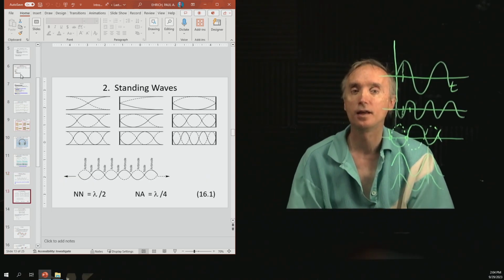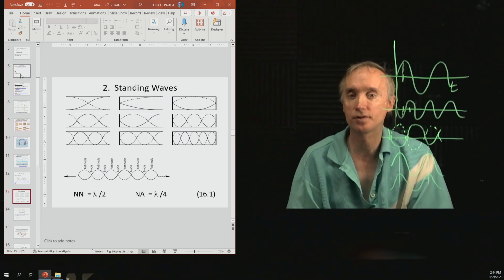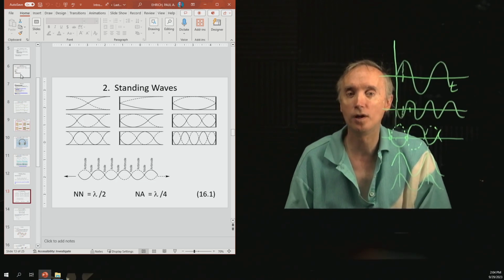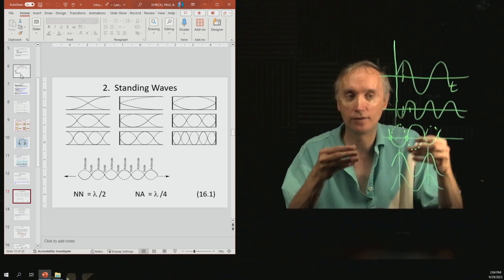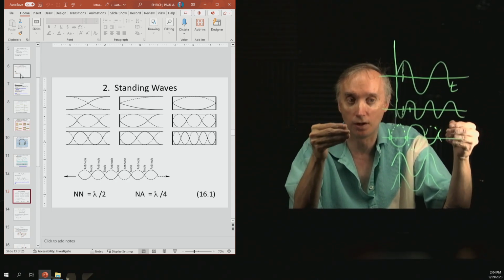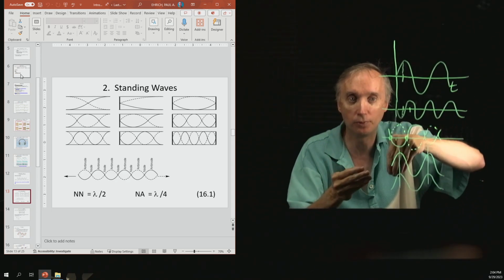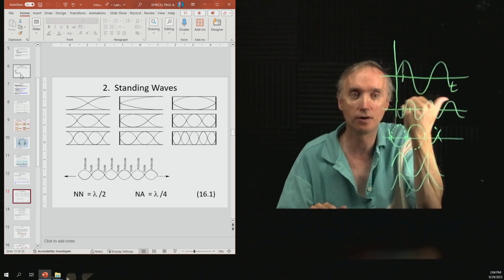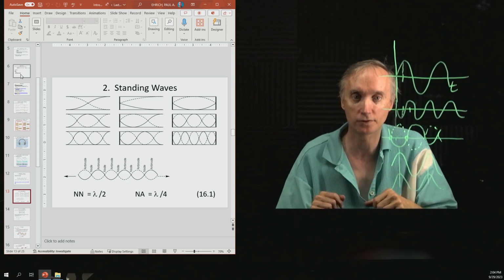Okay, and then there are different ways of producing standing waves. One way is to have a string that is attached to a wall on both sides, and then you pluck the string. That's illustrated in the far right-hand series of pictures.